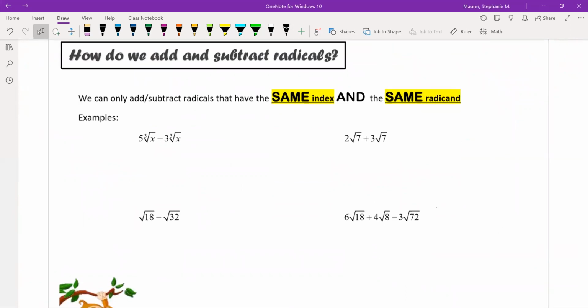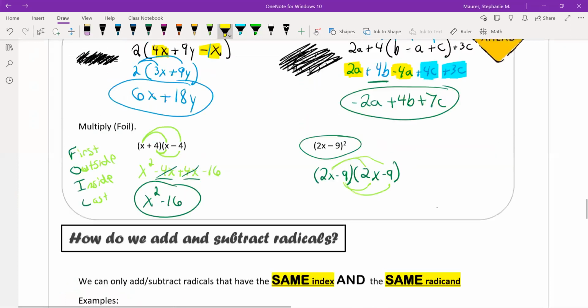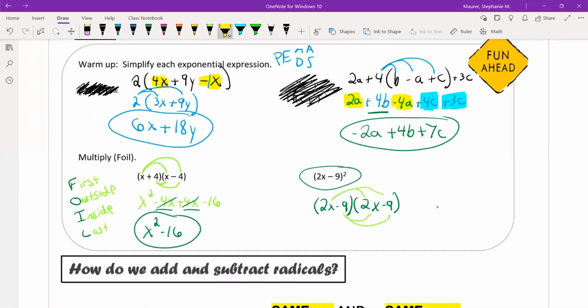And actually one of the crazy things with adding and subtracting radicals, whether it involves a variable, like the first example, or whether it involves a number, doesn't actually change how the problem is solved, okay? So keep in mind what we did up here in the warm-up, this idea of combining like terms. I really want you to focus on how we do 2a and the minus 4a.